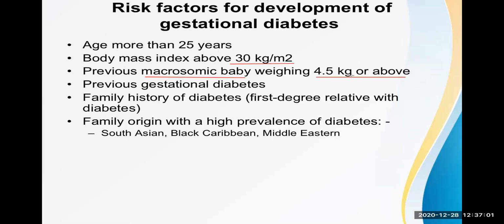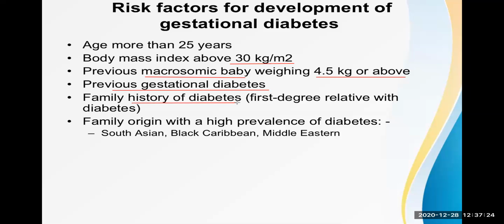Just simply ask how many babies you have, which gravida is this, which parity is this, and if she says I already have 1 or 2 babies before, then ask about the birth weight. Previous history of gestational diabetes has a greater chance of occurring in this pregnancy also.